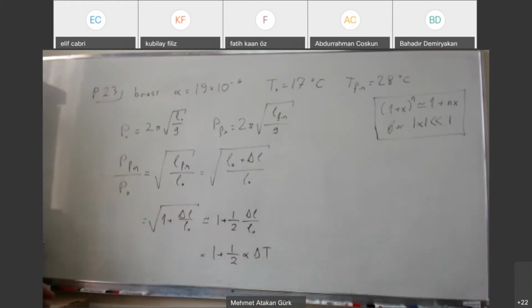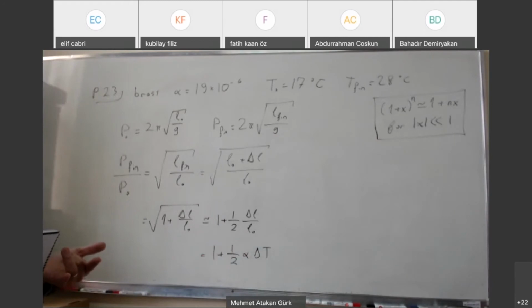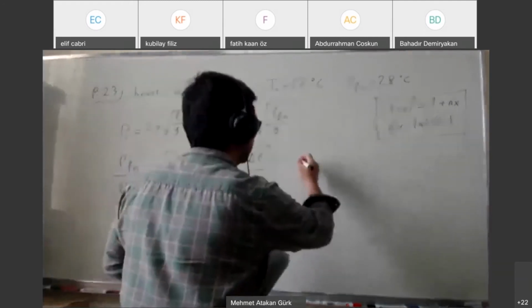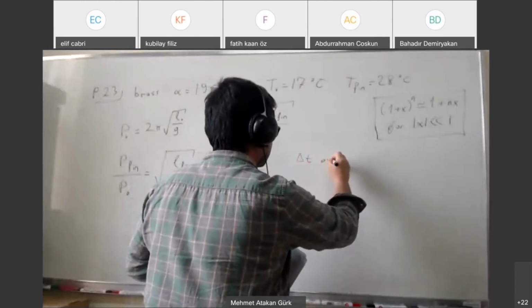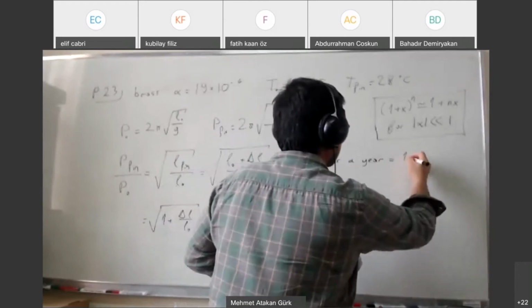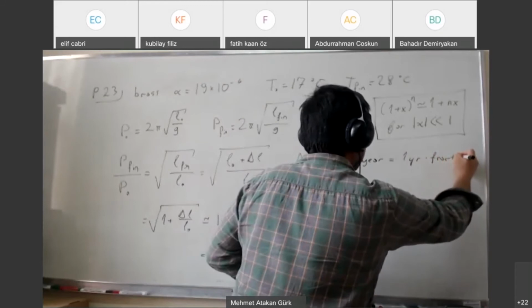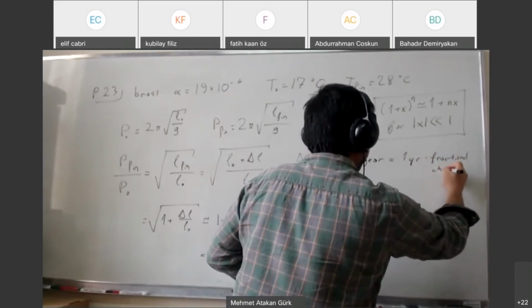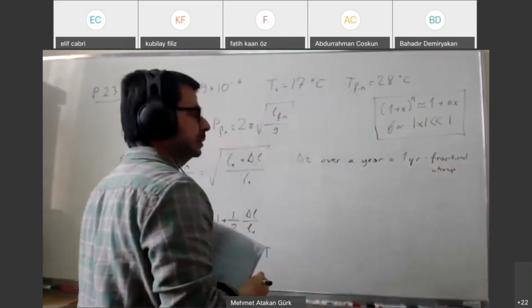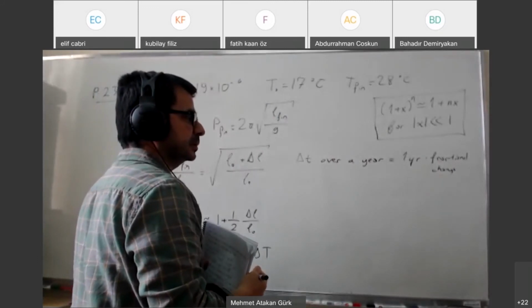So by how much will this change over a year? It is this number multiplied by the number of seconds in a year. They're asking us for this delta t over a year, which is going to be just 1 year times the fractional change. In 1 year, there are approximately 3.15 times 10 to the 7 seconds.